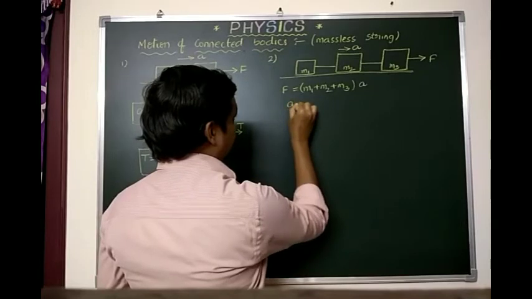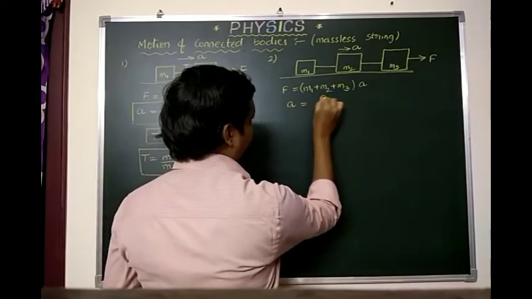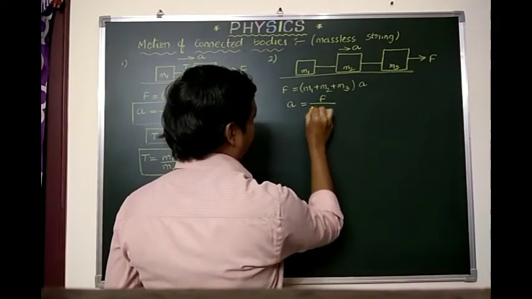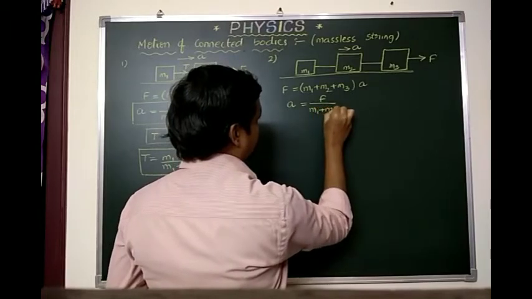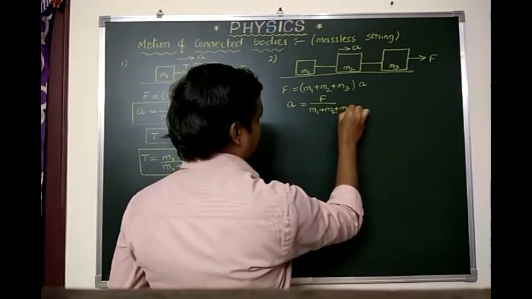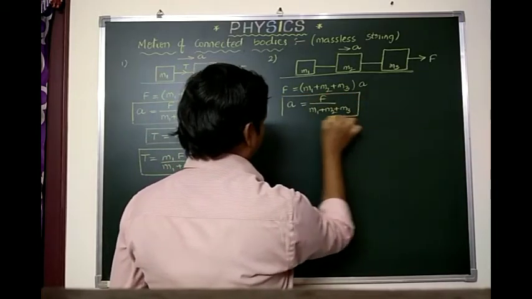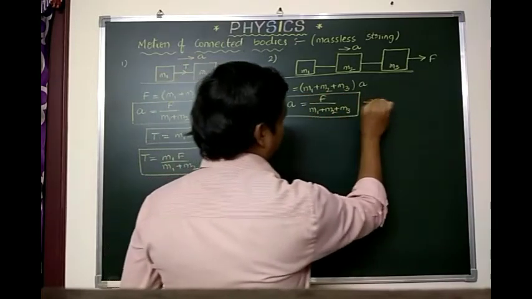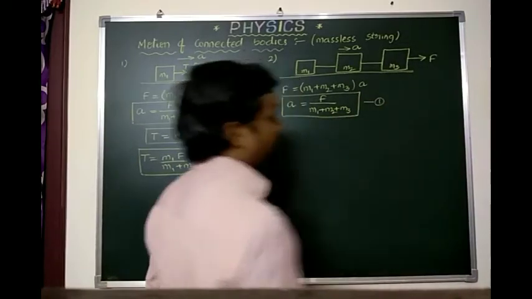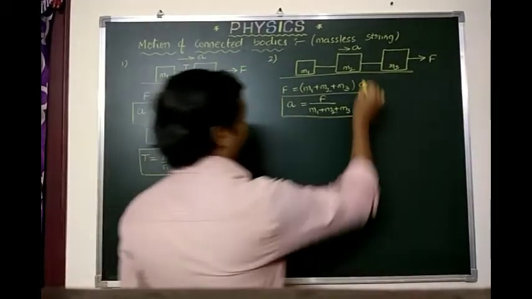So we get the acceleration formula: A equals F divided by m1 plus m2 plus m3. This is equation number 1. Then, what is the tension in the string?